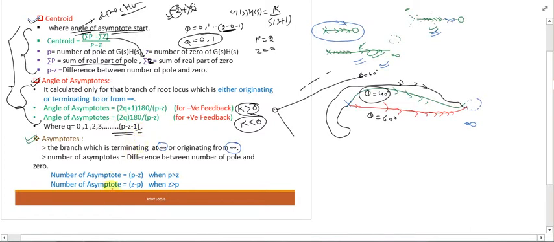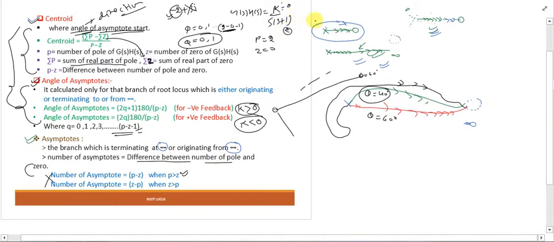Okay. Now the number of asymptotes. The number of asymptotes is always calculated by the difference between the number of poles and the number of zeros. Just remember this line. Here zeros are 0 and poles are 2, so the difference is 2.